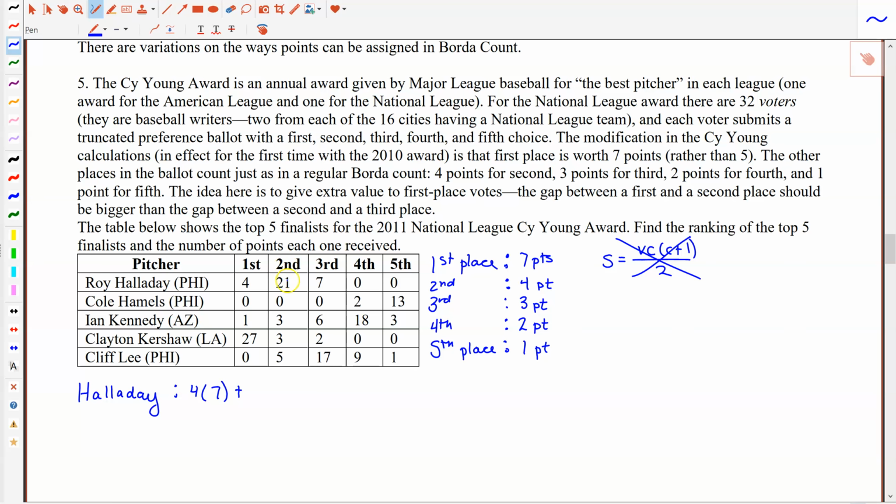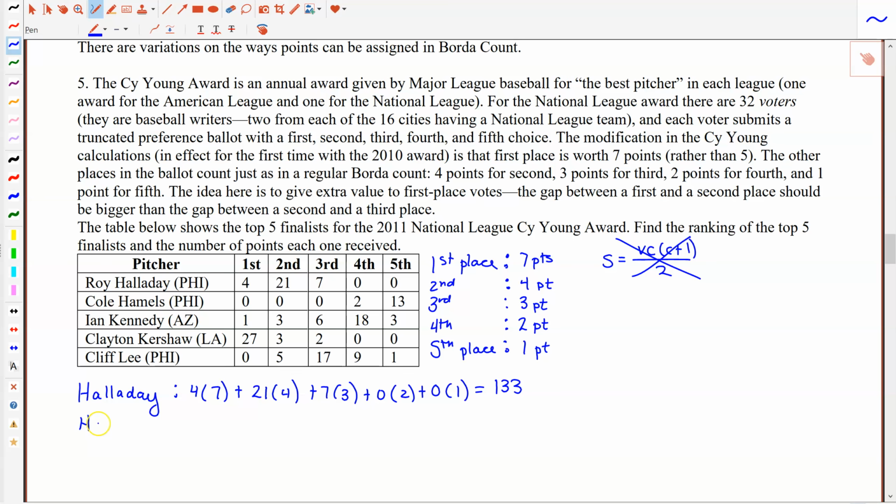So then you're going to have 21 people that gave him 4 points. 7 people gave him third place for 3 points each. And then he has no fourth place and no fifth place votes. So if you want, you can include that in your calculation, but ultimately those just end up being zeros. Alright, so if we throw all this in our calculator, we get the Borda count for Halladay is 133 points.